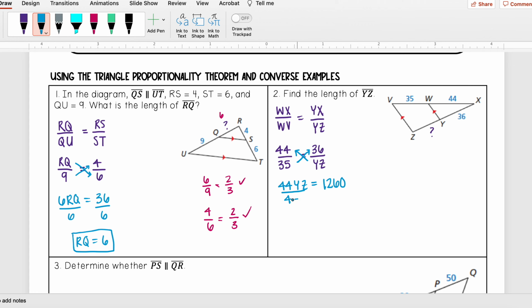And I'll divide both sides by 44. I get approximately 28.64.